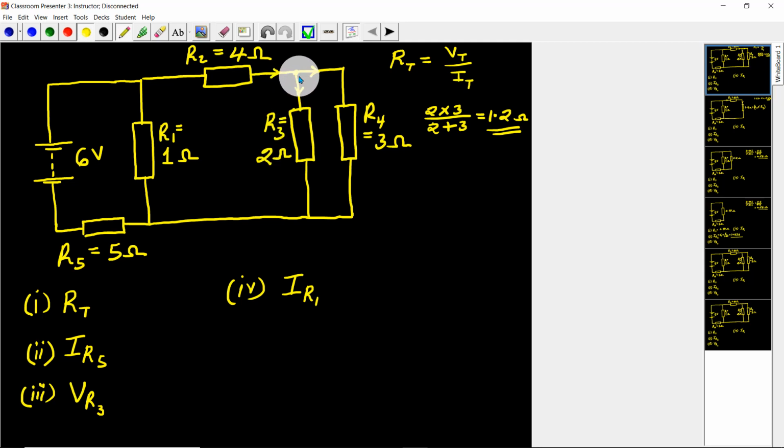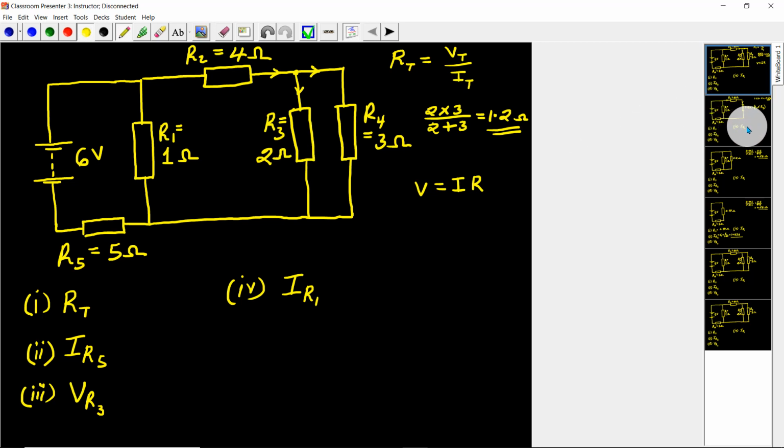If I know the current through the 2 ohm resistor, I can multiply it by 2 ohms to get that voltage directly. What I'm saying is I can use Ohm's law, which is V equals IR. But the problem here is I do not know this current. Although I know the resistance, I do not know the current. So I abandon that process. I have to look for a different method.